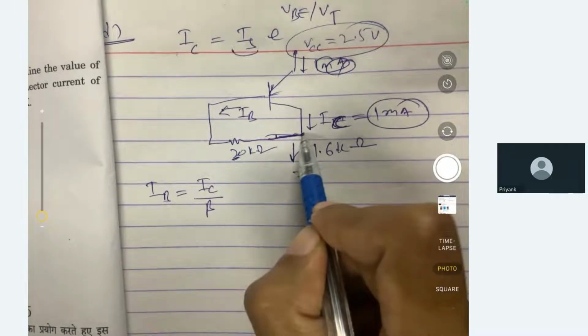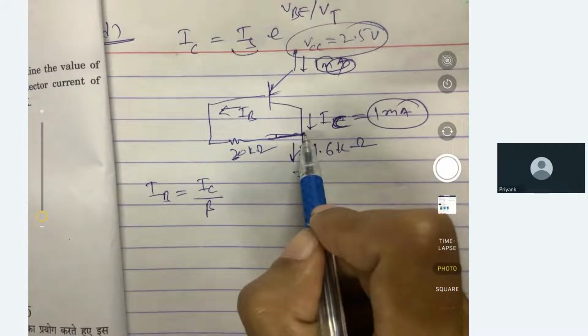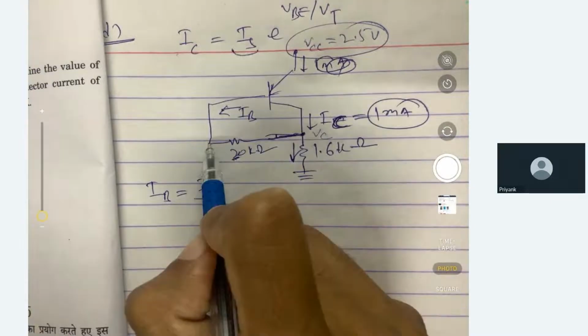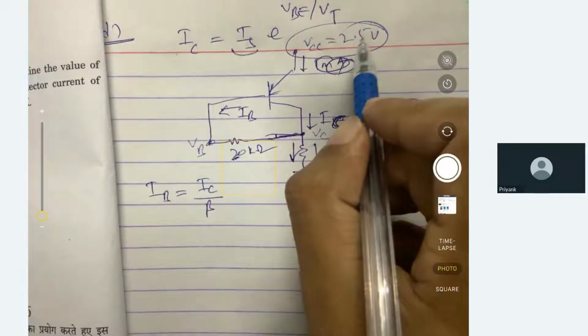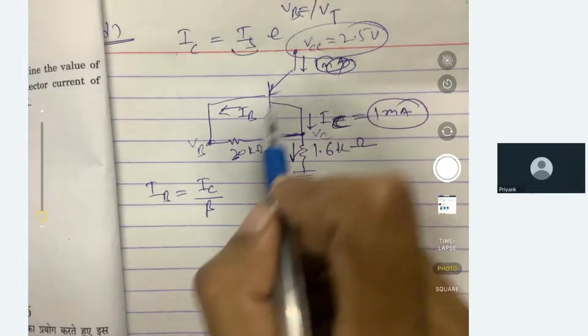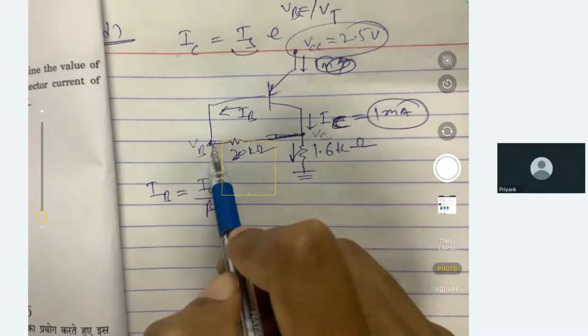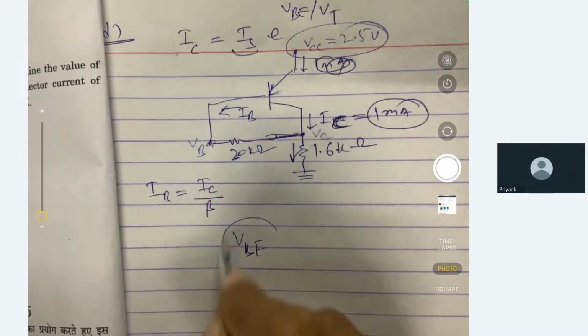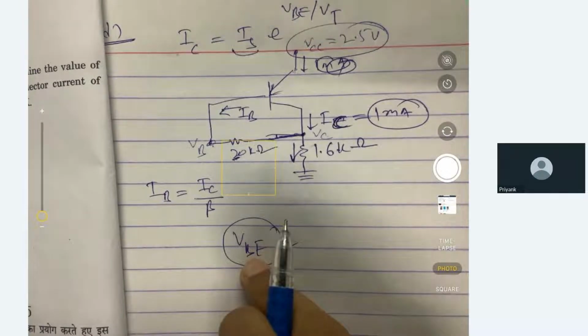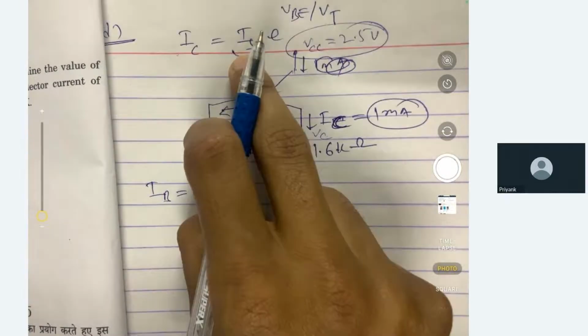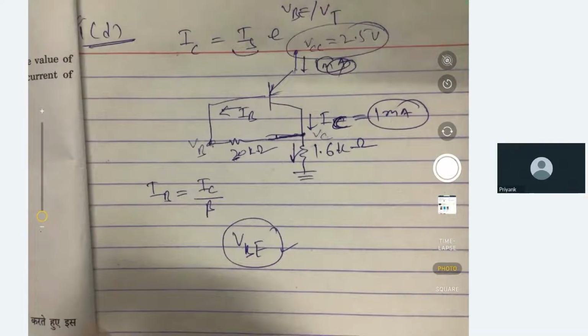This voltage will be our collector voltage, and from this we can also find VB. We know VE is 2.5 volt because it's PNP, and from VB and VE we can find VBE, and we can put this value of VBE in this equation to find out the reverse saturation current. Right.